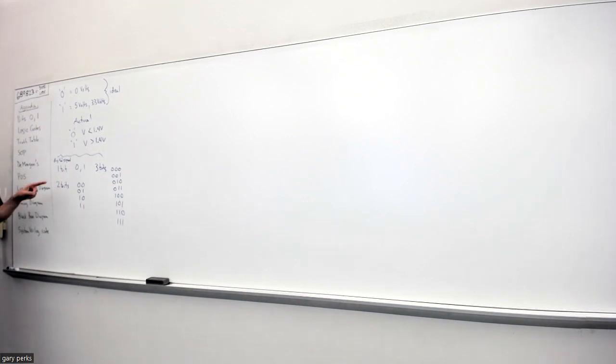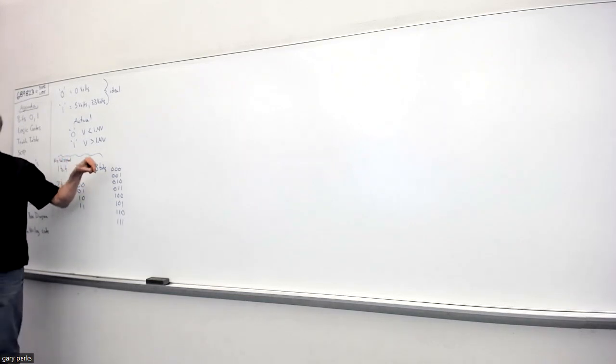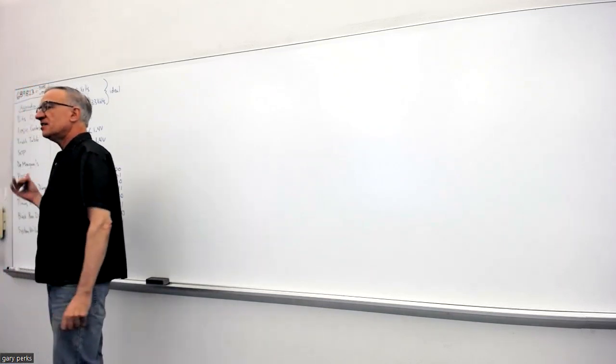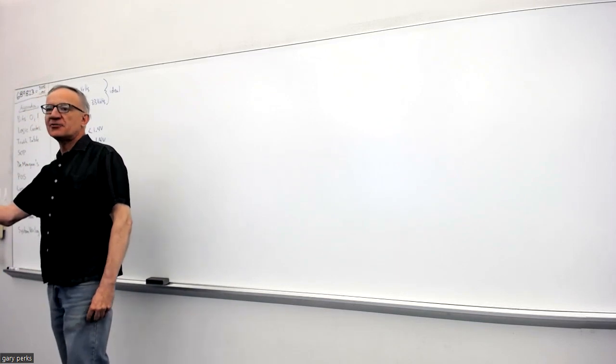So do you see a pattern? 1 bit, 2 values. 2 bits, 4 values. 3 bits, 8 values. Can you guess what 4-bit values I would have? 16. 5 bits, 32. 6 bits, 64. Every time I add a bit, I double the number of values that I can represent.